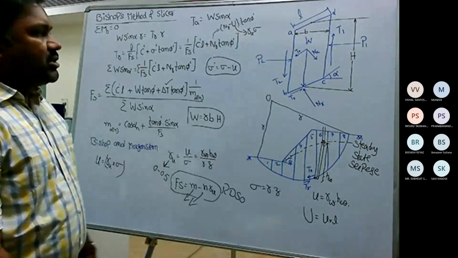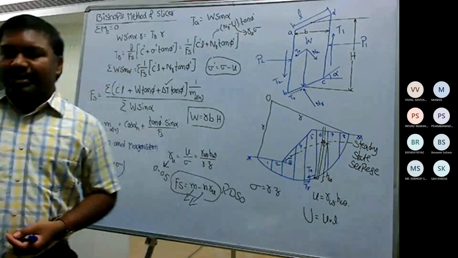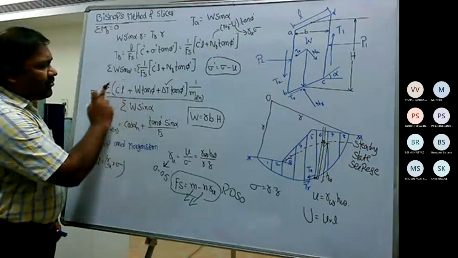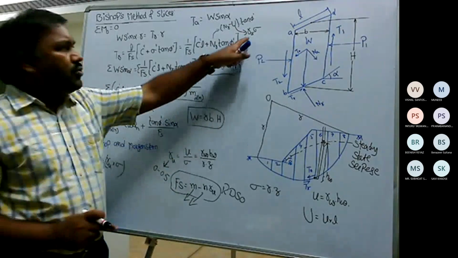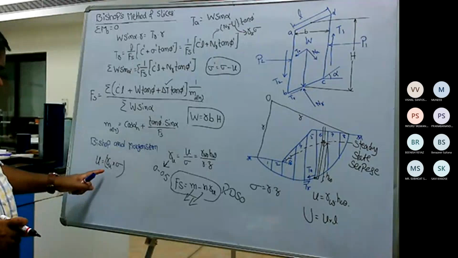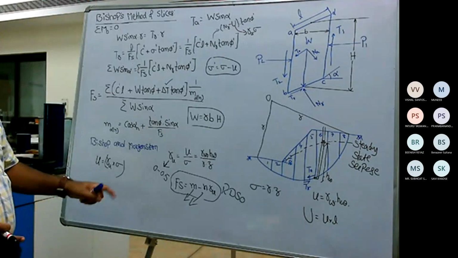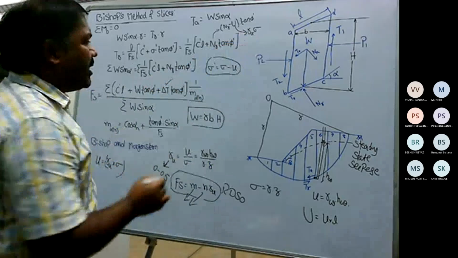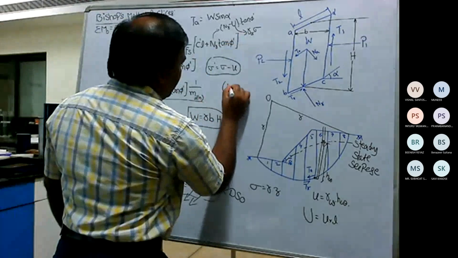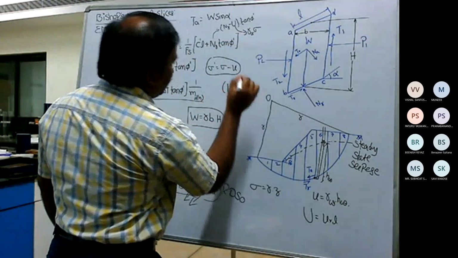If you refer to some of the textbooks, the same factor of safety equation will be written in the form of RU, or 1 minus RU.